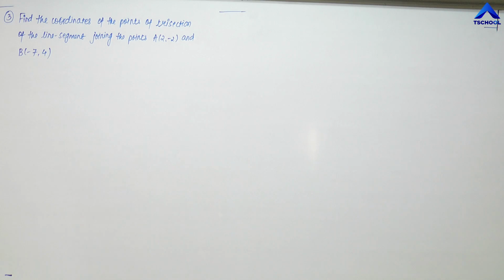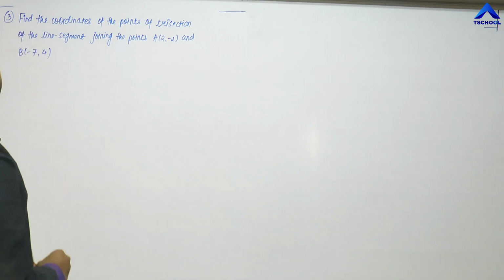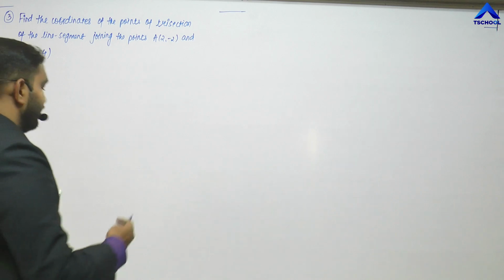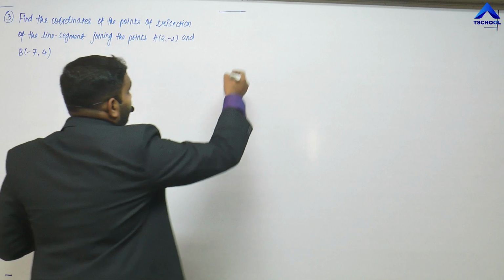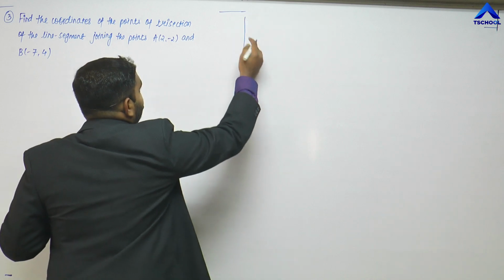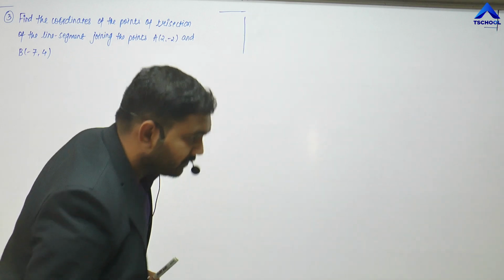So this is the given condition, that we have these 2 points A(2, -2) and B(-7, 4), and we need to find the coordinates of the trisection.